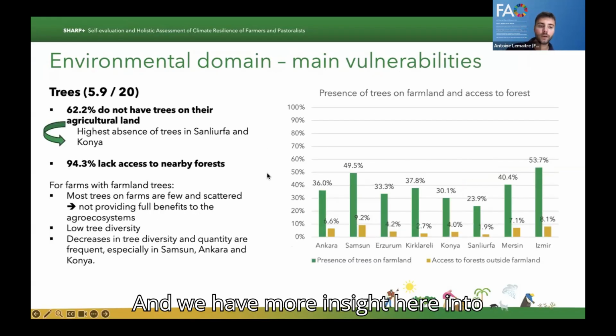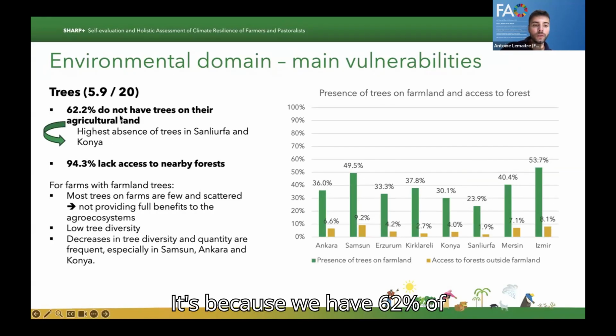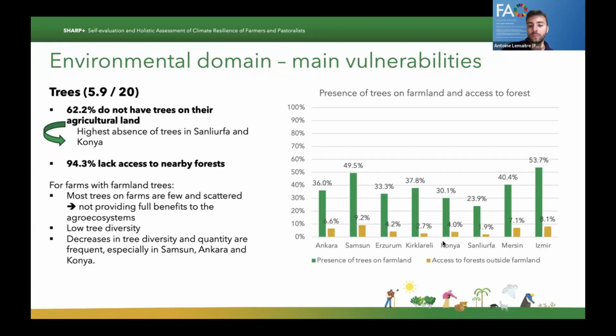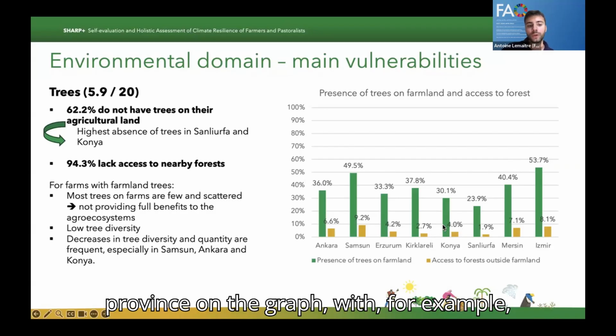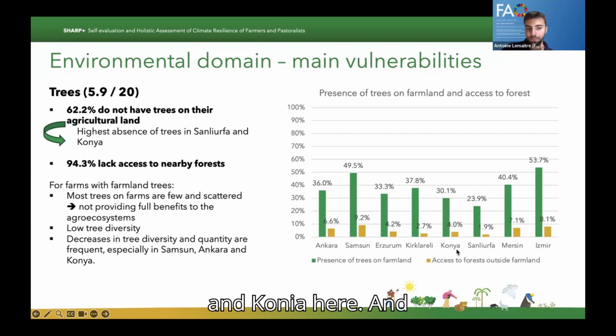And we have more insight here into understanding why this score is so low. It's because we have 62% of farms that do not have trees on their agricultural land. You can see the detail here by province on this graph, with, for example, the highest absence of trees in Sanliurfa and Konya here.